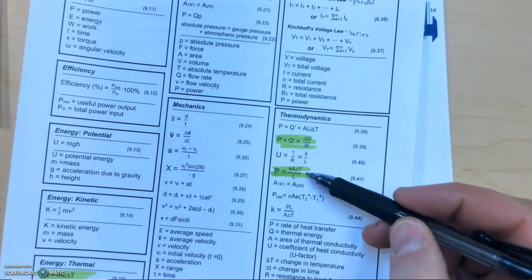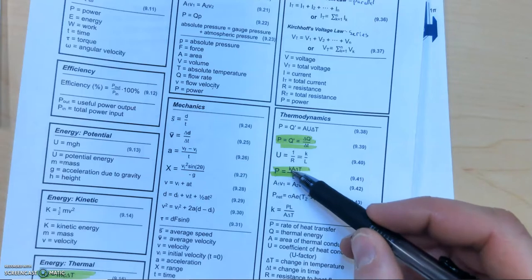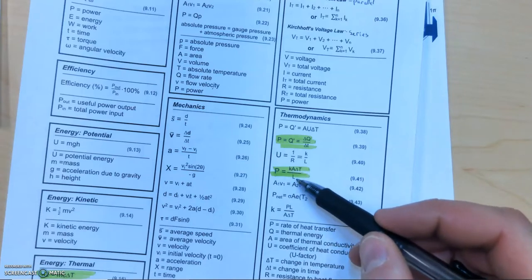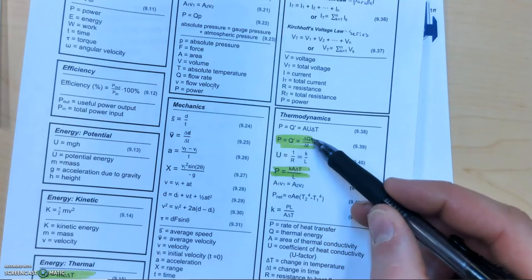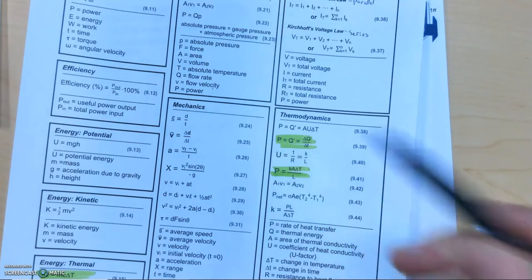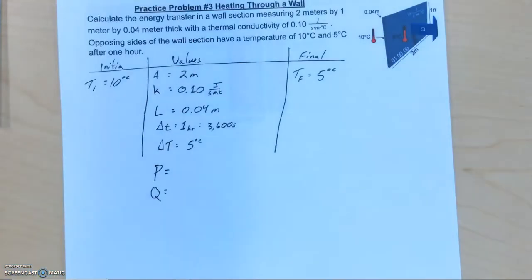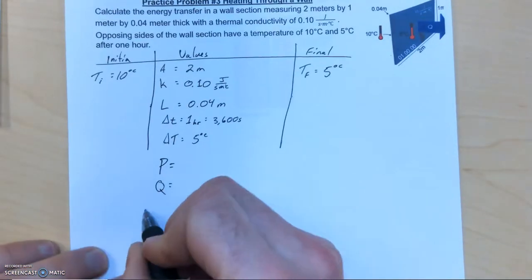Let's look at our documents here. We're going to be using this formula. We have our area, our constant, time, thickness, and then up here we have what P is equal to, energy transfer over time. So we're going to be using those two formulas. So let's write those down.